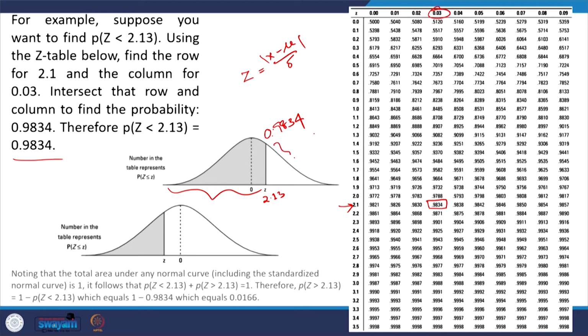The rest of the area should be 1 minus this, so 1 minus 0.9834. Therefore, the probability of Z greater than 2.13 should be 1 minus P of Z less than 2.13, which is equal to this.